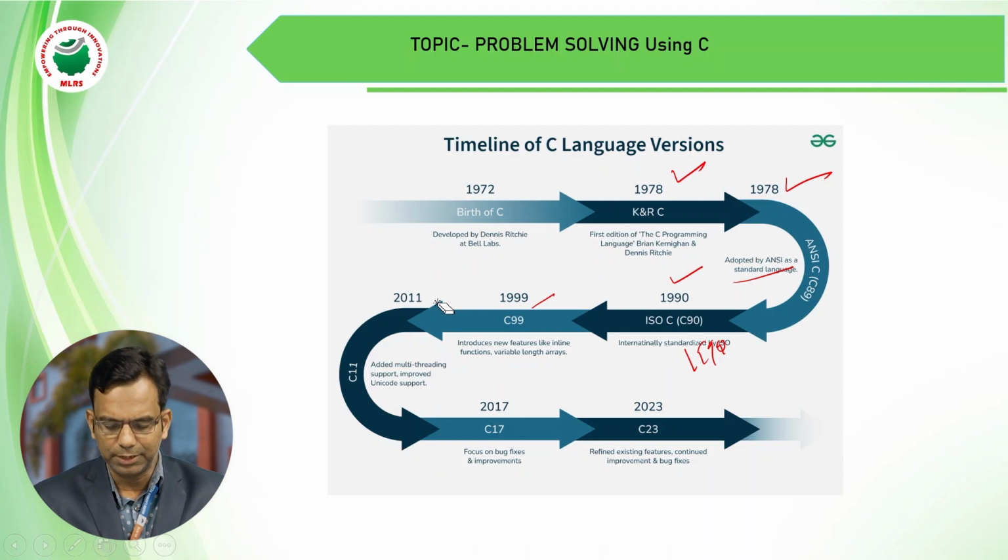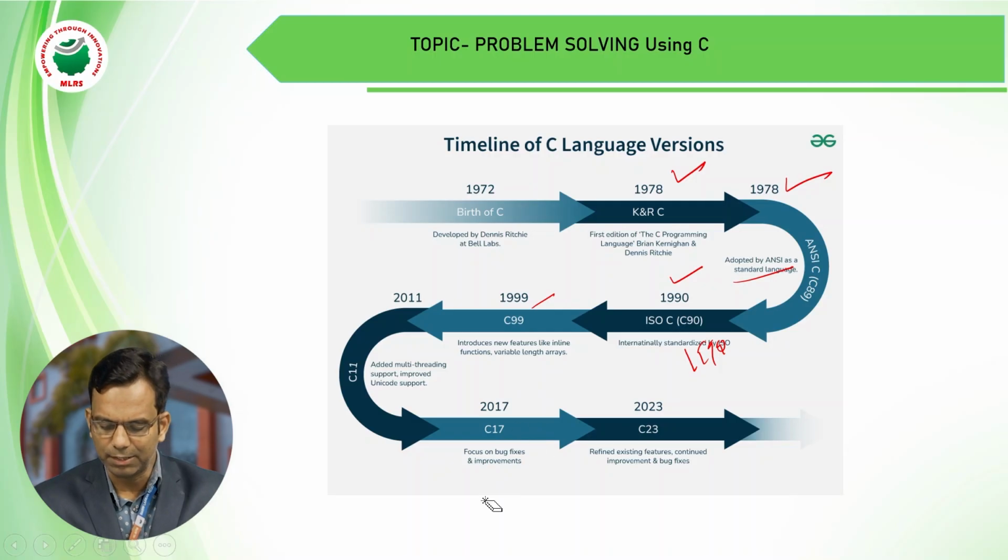Then after that, in the year 2017, the focus was on bug fixes and other improvements. To focus on different types of other improvements, it was again rapidly changed. That is called C17, the year 2017, when those changes occurred.